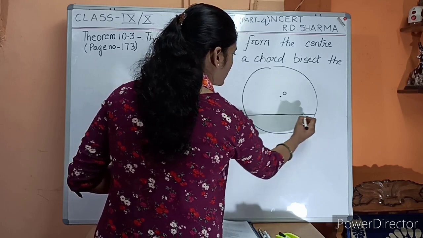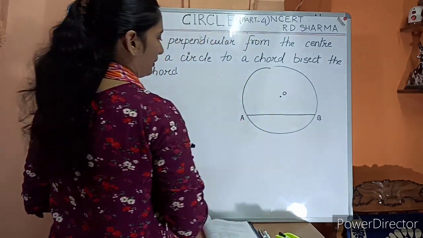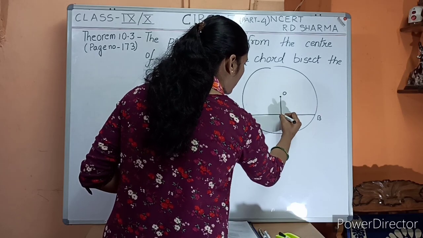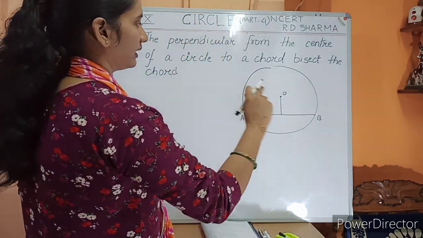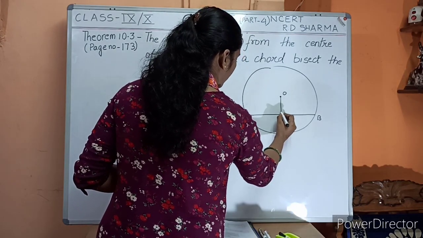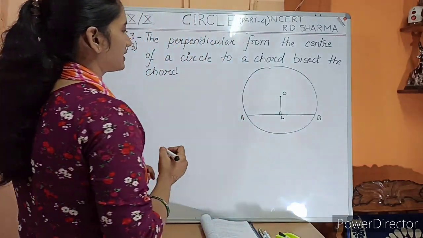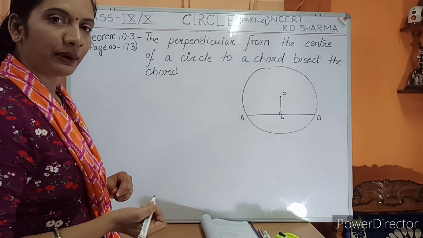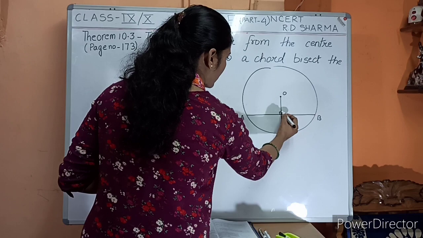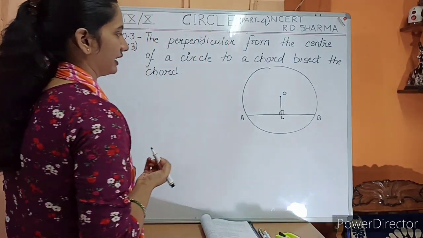Let us suppose this chord's name is AB. Okay, and we need to draw one perpendicular line on this chord. Let us label this perpendicular line as OL. Since it's a perpendicular, it must be making 90 degrees at its base. This is also a 90 degree.